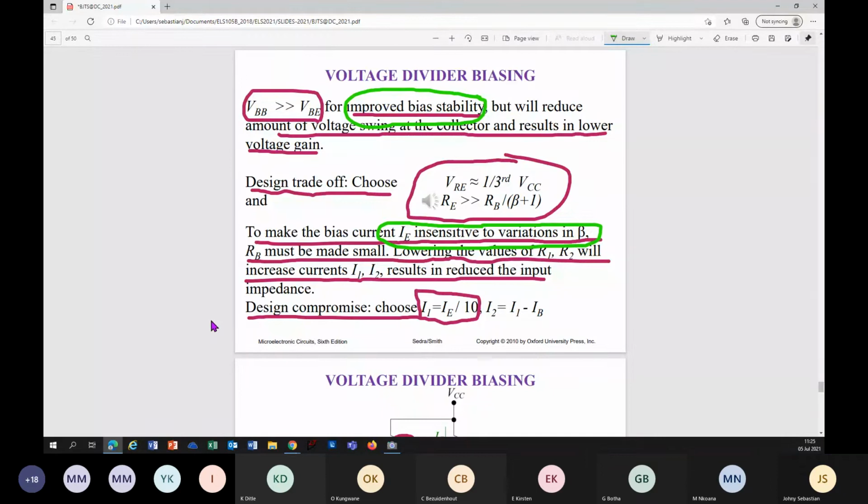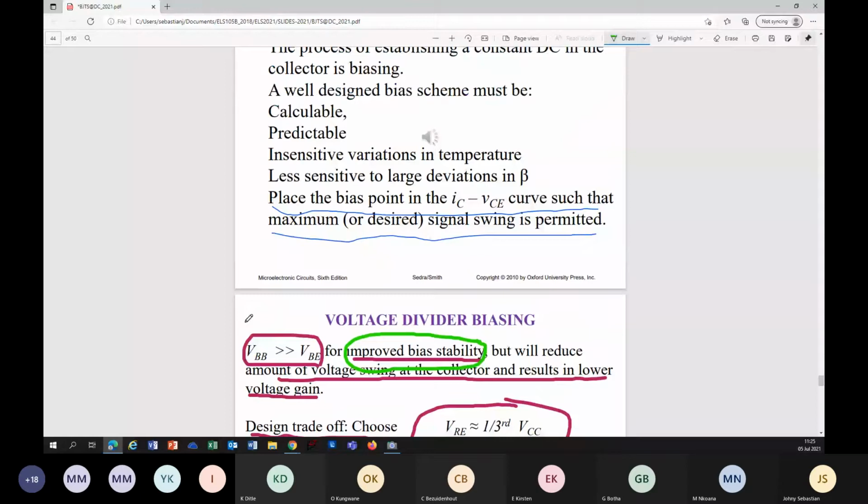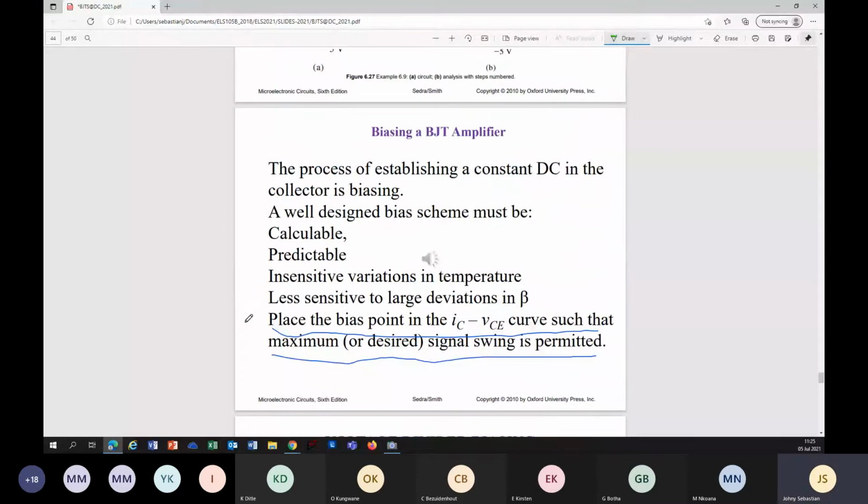And we also have calculability. That means we can calculate and find out. And we have insensitivity to variations in temperature. That goes together with bias stability, and less sensitivity to voltage. So all the points that we have discussed so far are achieved using voltage divider bias.